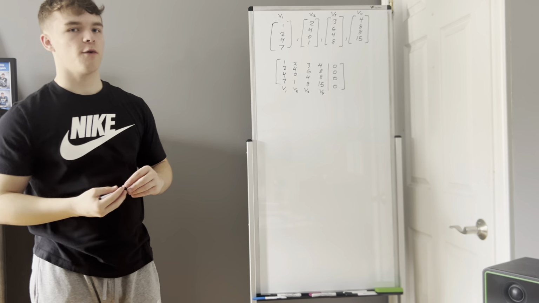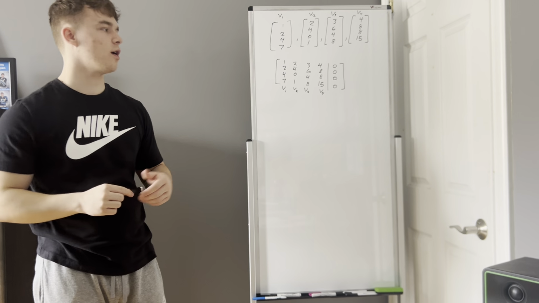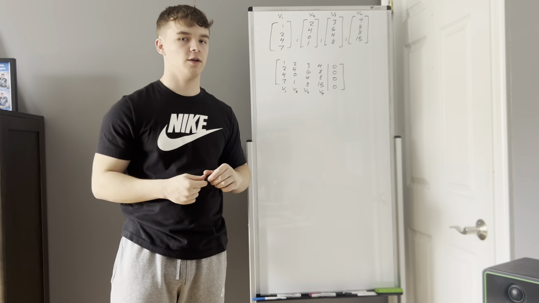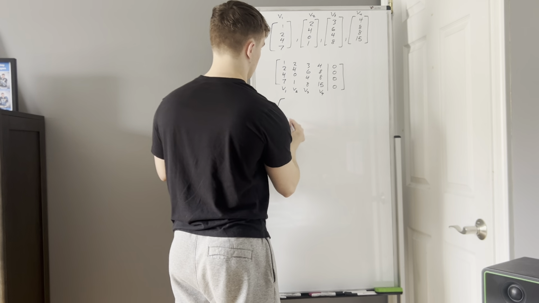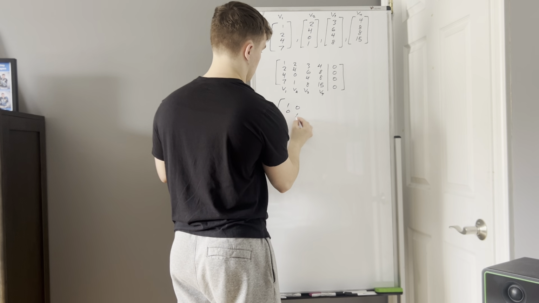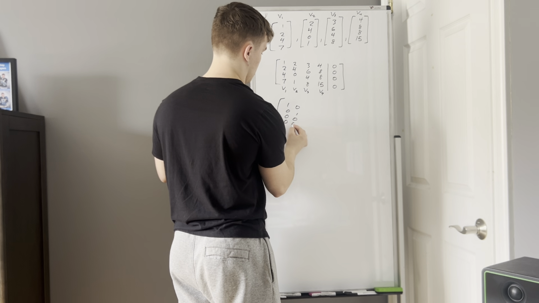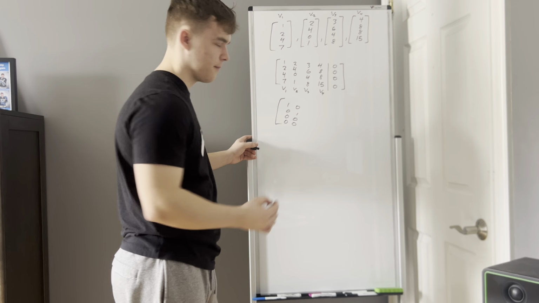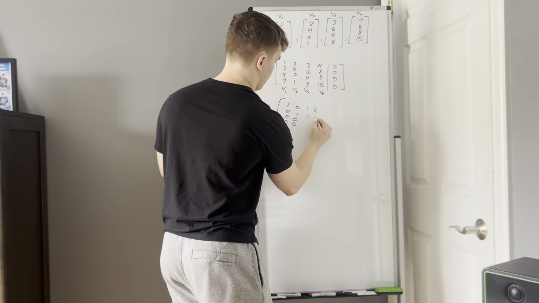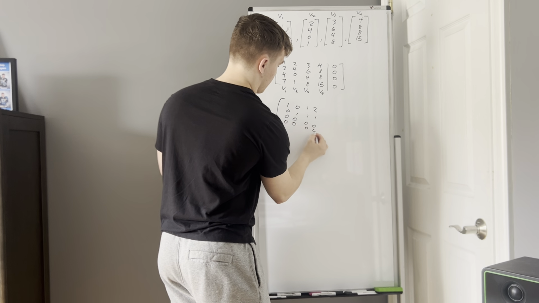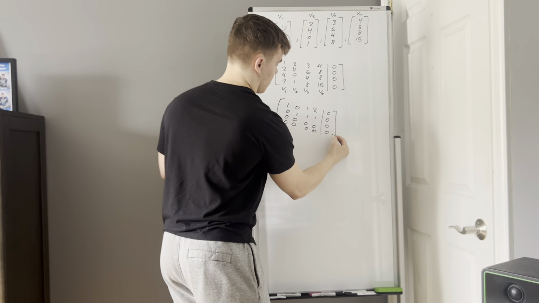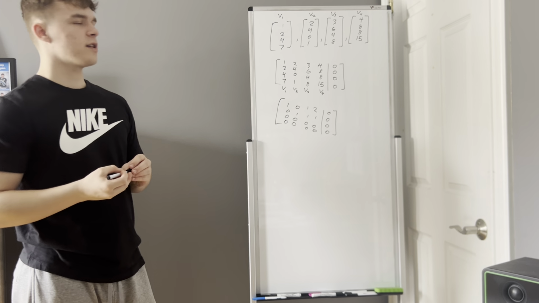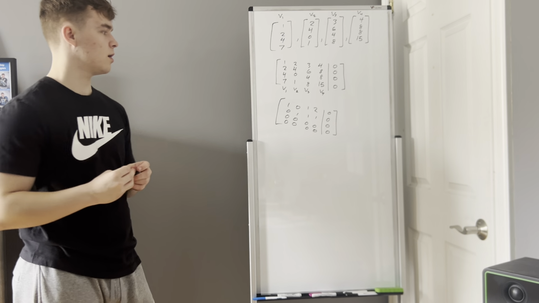And now we perform Gauss-Jordan elimination. We want to make this look somewhat like an identity matrix. Well, what we're going to get is this. We've got some rows of zeros.